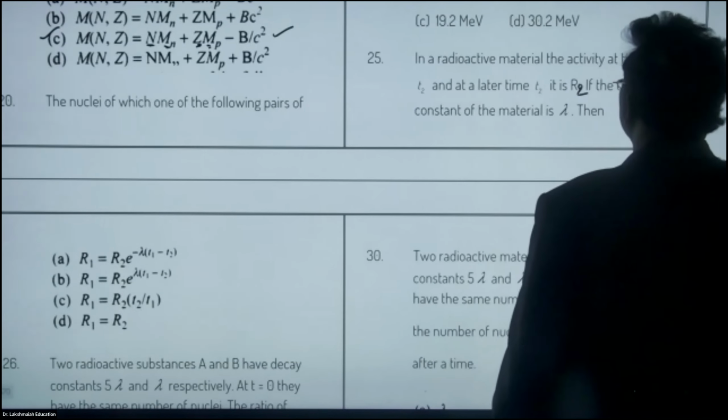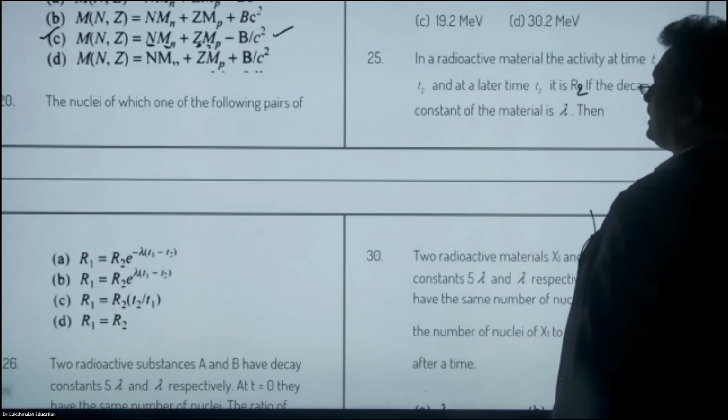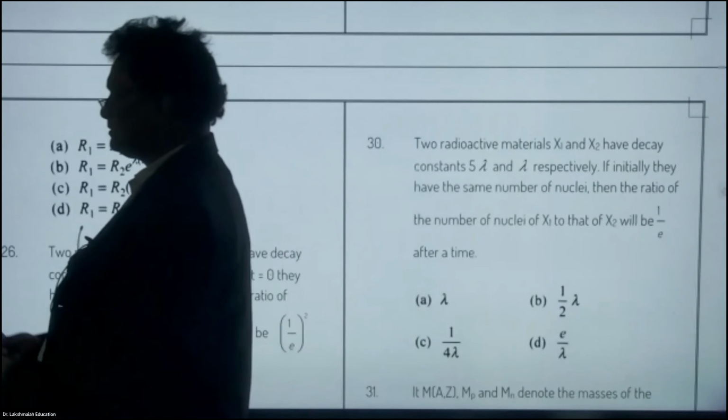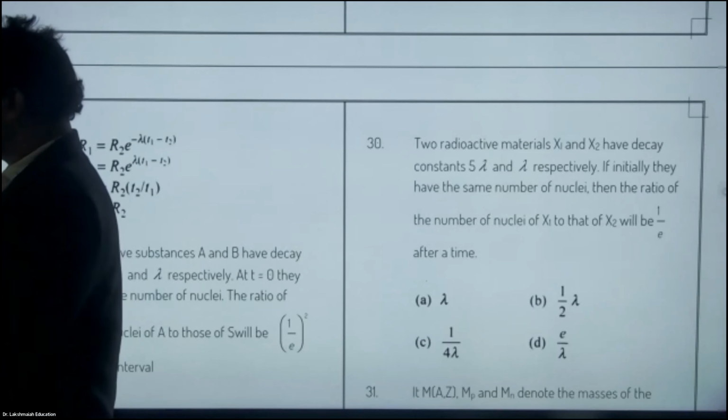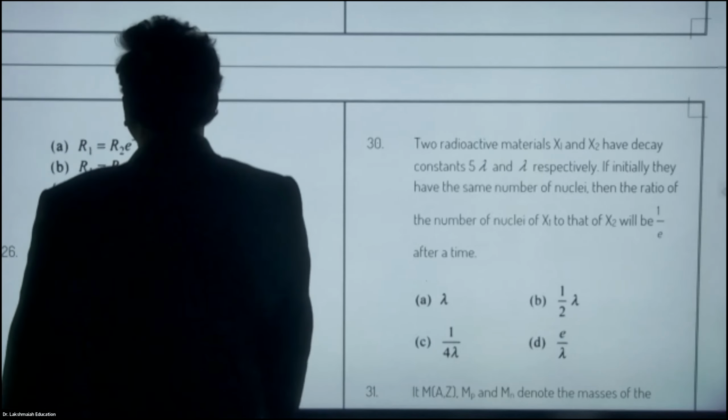If the decay constant of the material is lambda, then they have given the statement. Which one is correct? For the first one, that is lambda. Next, lambda T2. Which option is correct?